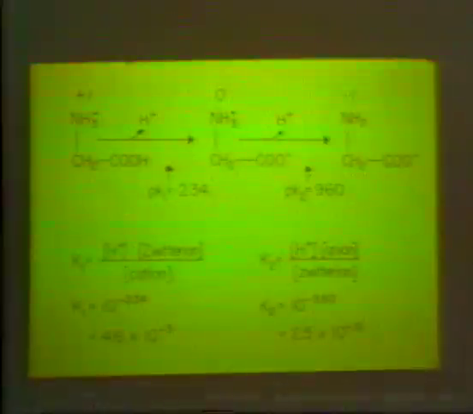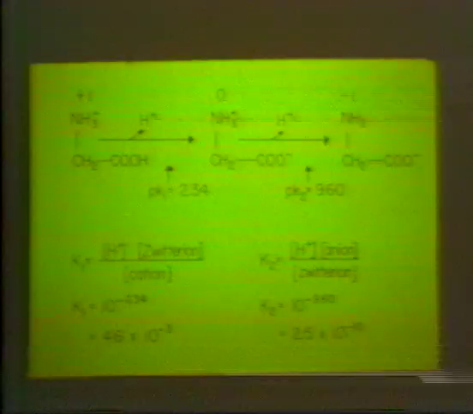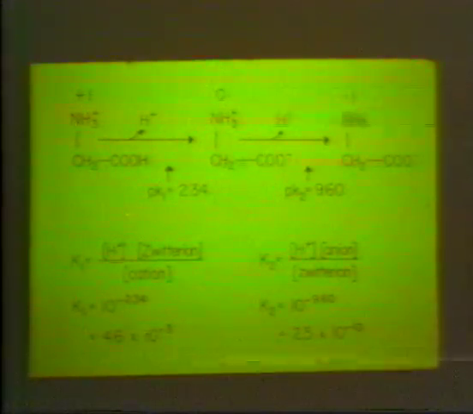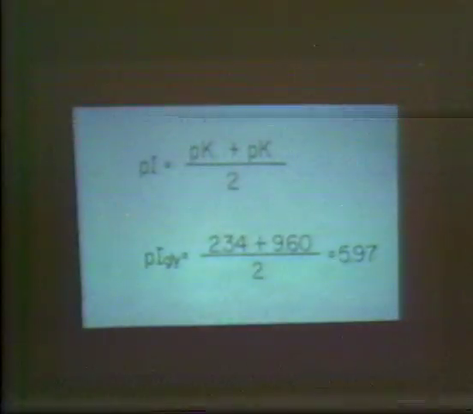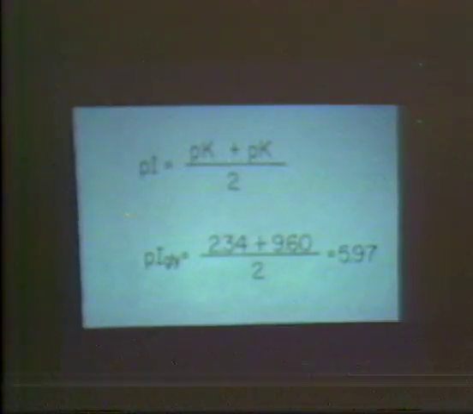Now, with this description of some of the physical characteristics of glycine and its 2 dissociation constants related to various ionic forms, we can see on the next slide the determination of still a different value, that of pI. pI is the pH at which glycine exhibits no net charge. Glycine is at its isoelectric pH.